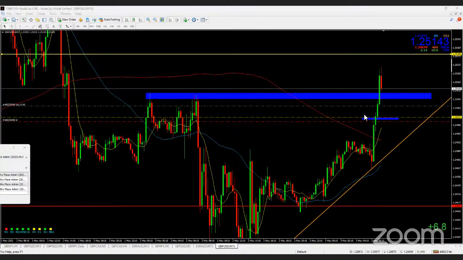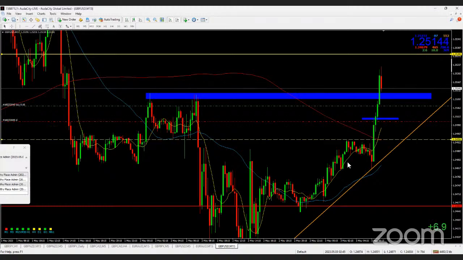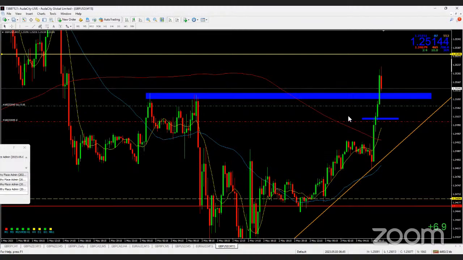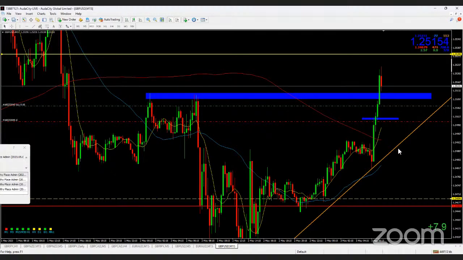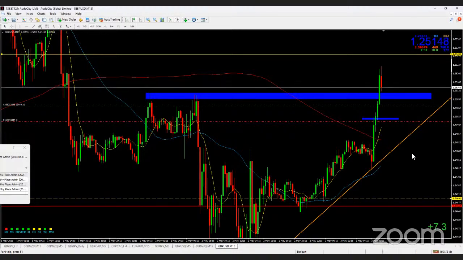Okay, so I would leave my stop loss here. I will leave my stop loss where it is, to give the market room to move. We did about 13 pips or so.